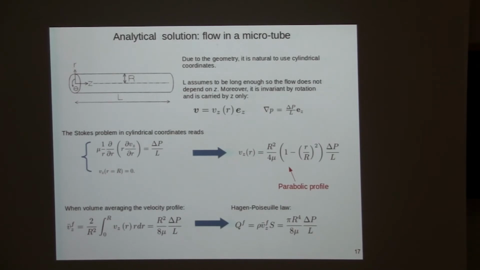If you volume average the velocity profile, you obtain a relationship between the mean velocity and the pressure gradient. In this case, the permeability is R squared over 8. If you look at the mass flow rate, you will have this law, which is one of the main points for the pore network model techniques, if you are familiar with them.